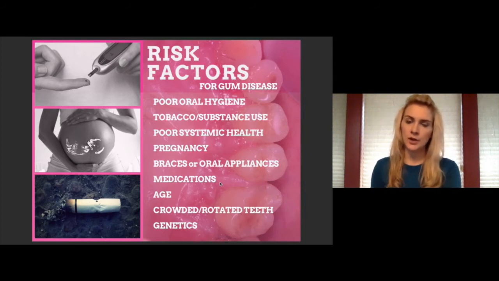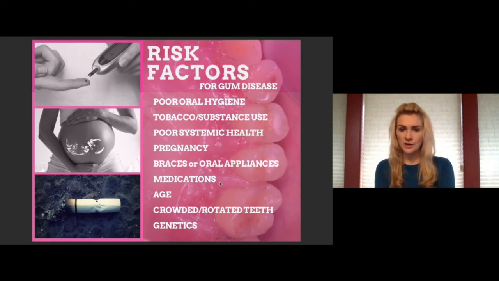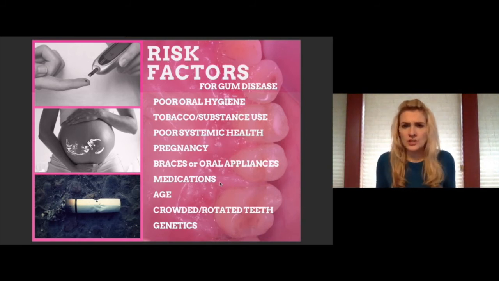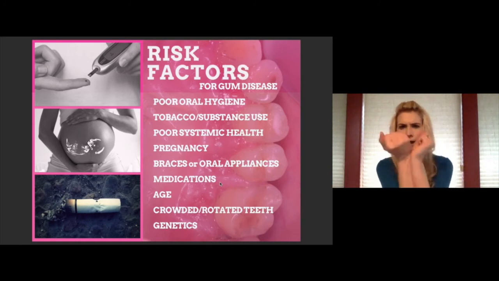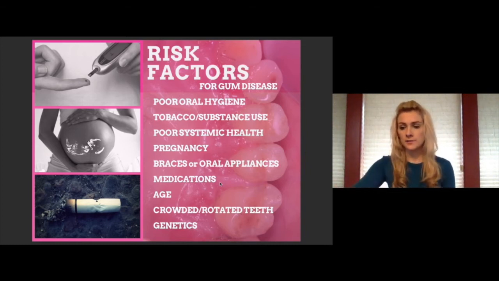Medications can increase the susceptibility to periodontal disease. Age, even just the anatomy of your teeth. Are they super crowded or rotated? And is that causing things to get stuck more easily and lead to periodontal disease? And lastly, genetics. These are all factors for periodontal disease.